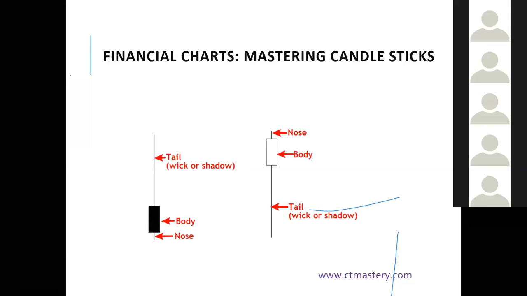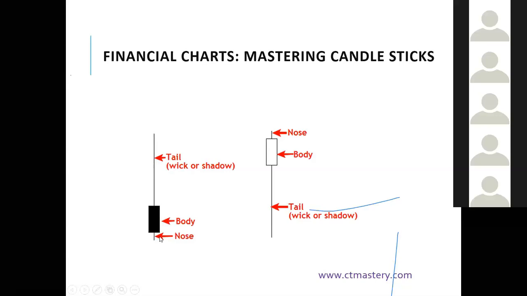The next one I want to talk about is the candlestick shadow or tail. Like I explained before, here is the tail. We can call it either wick or shadow as well. Then you have the body.